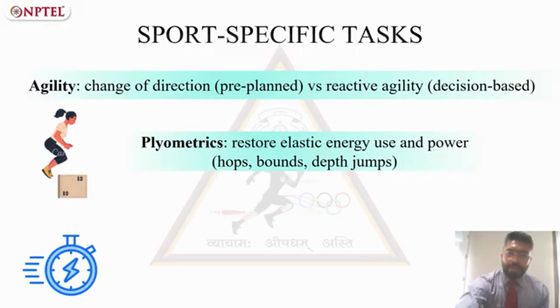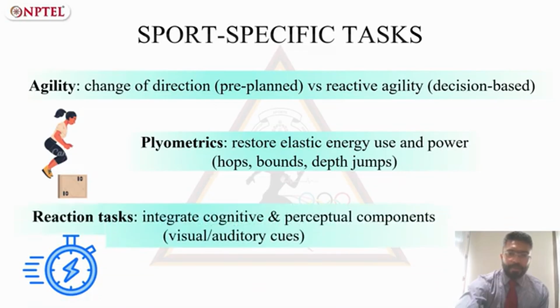They utilize the stored elastic energy in the muscle and tendon complexes and are powerful movements. Power is the transfer of force in minimal time. Reaction tasks: they integrate cognitive and perceptual components such as utilizing visual or auditory cues.